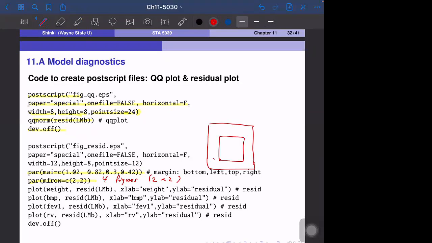Then we have margins here, here, here, here. So these are specified by this margin parameter. This is the bottom, left, top, and right margins. So in this way, you can make plots just by using code, and you don't have to use the graphical user interface.